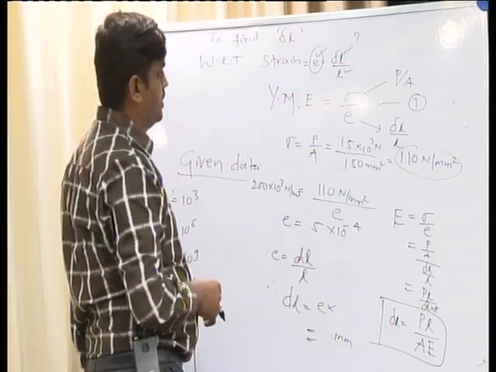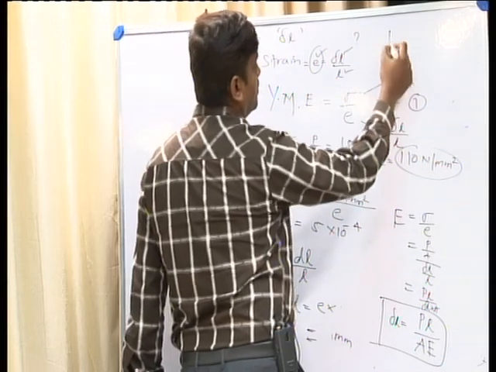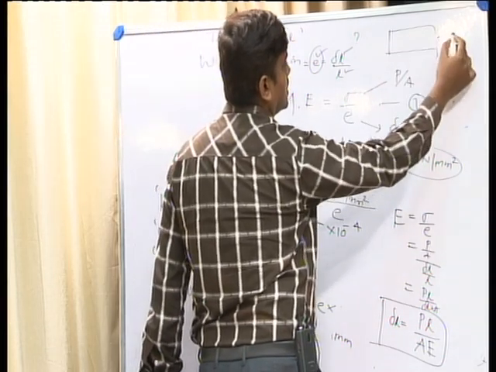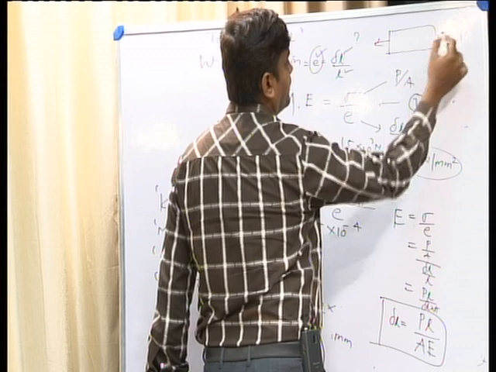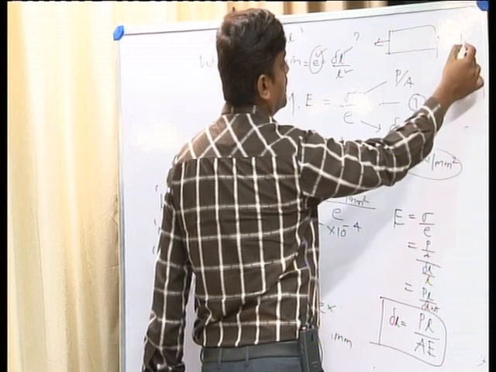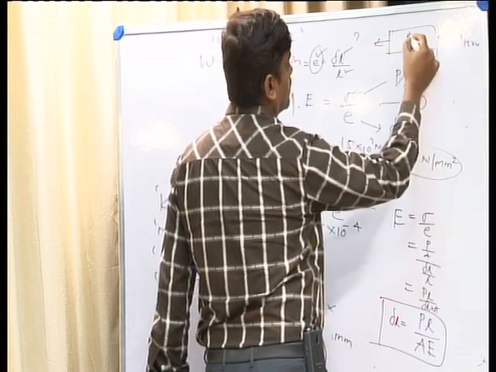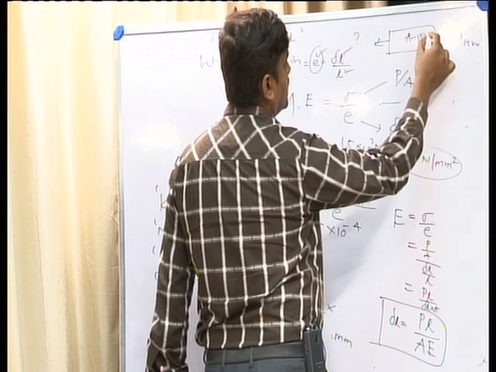I'll repeat the problem once again. An axial pull P, a load of 15 kilonewton, acts on a cross sectional area of 150 mm square.